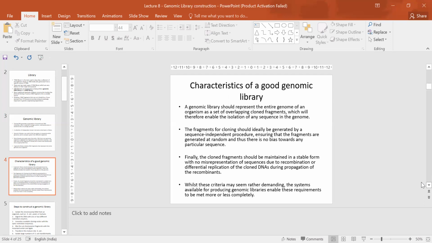And finally, the cloned fragments should be maintained in a stable form, with no misinterpretation of the sequence due to recombination or different replication of other cloned DNA during the propagation of the recombinant. While these criteria may seem rather demanding, the systems available for cloning genomic libraries enable them to meet the requirements more or less completely.